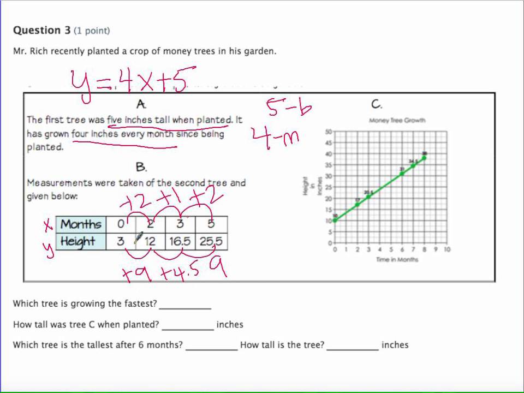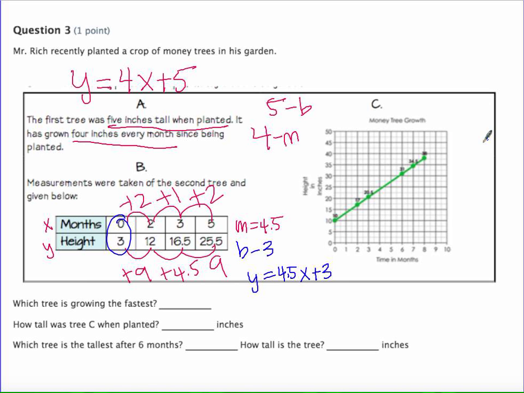When I reduce them all, 9 divided by 2 and 4.5 divided by 1 gives me a slope of 4.5. The initial value is the height at the beginning, 0 months, so the y-intercept is 3. So the equation for tree B would be y equals 4.5x plus 3.